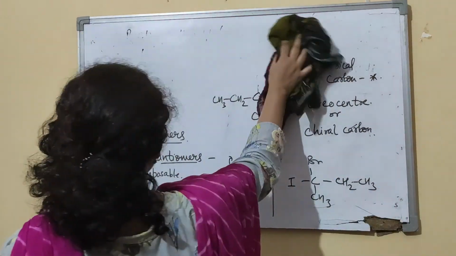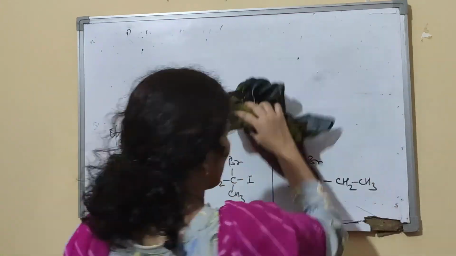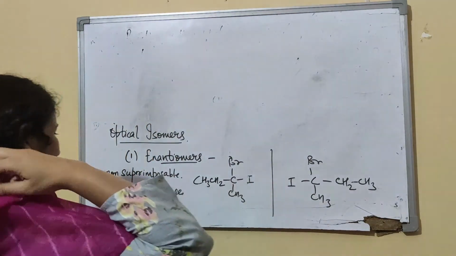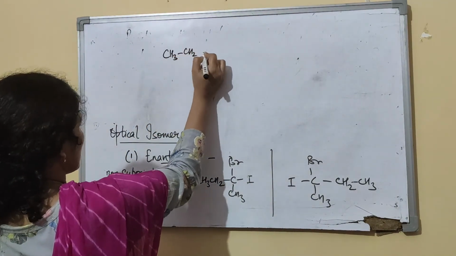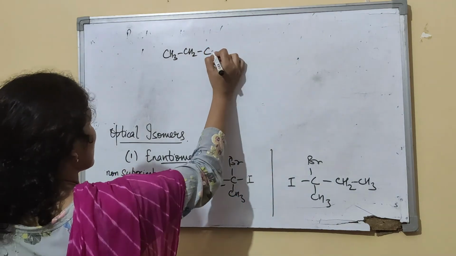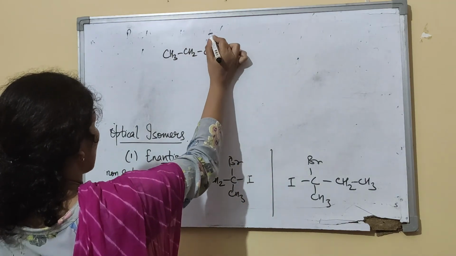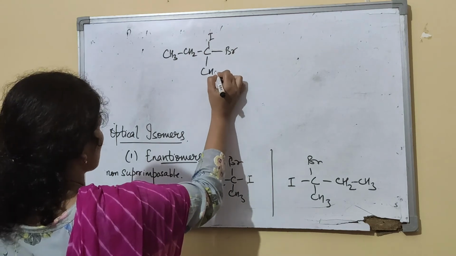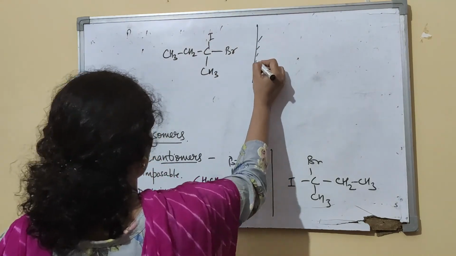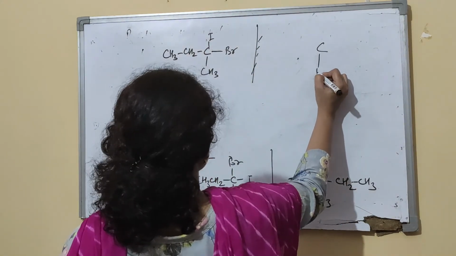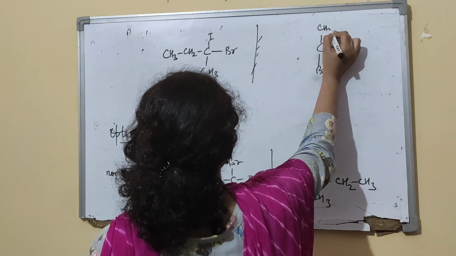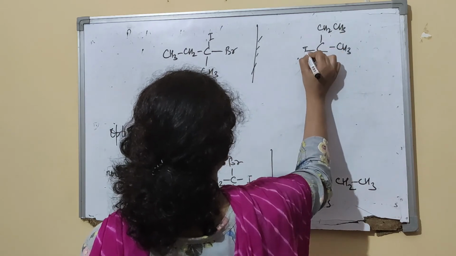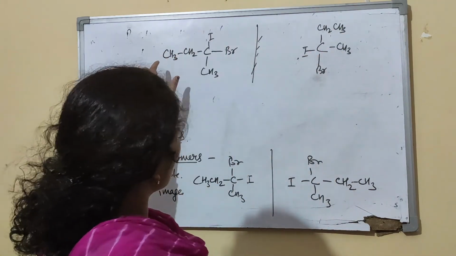So coming to the next type of optical isomers, say I have an example like this: CH3, CH2, this is Br, this is iodine, this is CH3. You have a mirror, but you have a structure like this. This is Br, this is CH3, this is CH2, CH3, this is iodine. See, nothing related to mirror. There is no inversion.